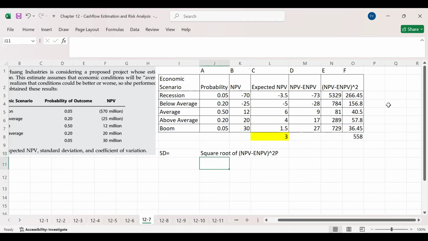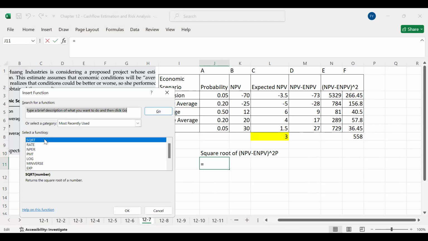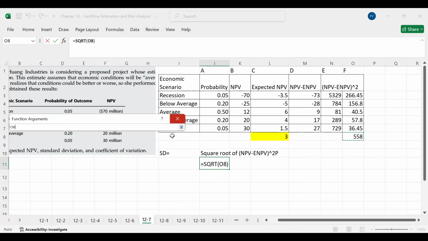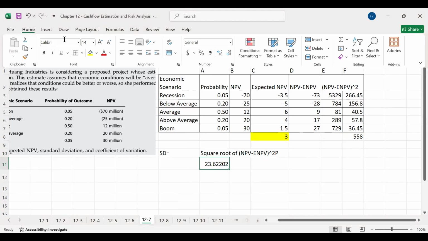Here we can use the Excel sheet with the built-in formulas. Here we have this square root, so the square root of this amount. Okay, so 23.622 is the standard deviation, or you can say this is the risk, which is 23.622%.